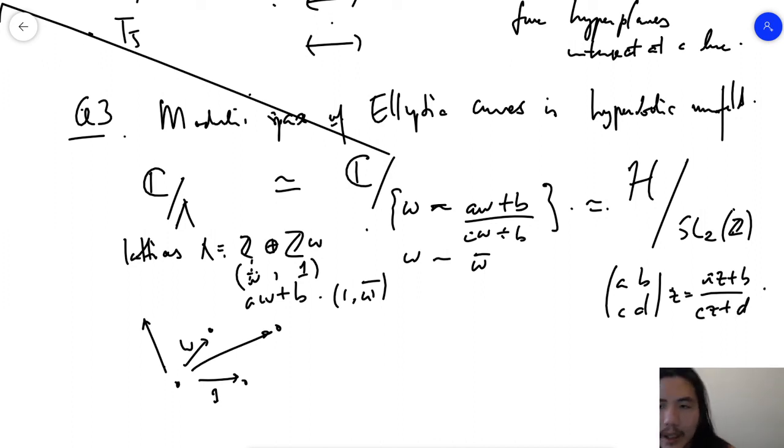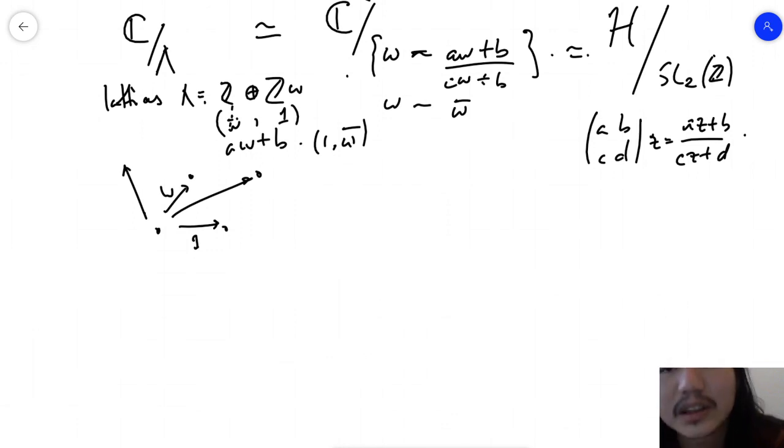And so this is why we often say that the hyperbolic manifold parameterizes elliptic curves. This has additional structure. A parameterized space a priori is just a set, but this one is a Riemannian manifold, and you can define a metric on it so that it becomes a hyperbolic space.